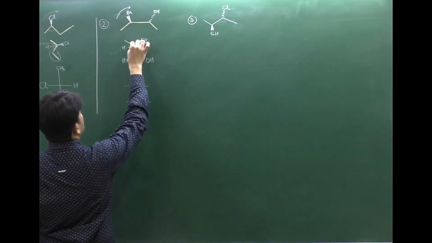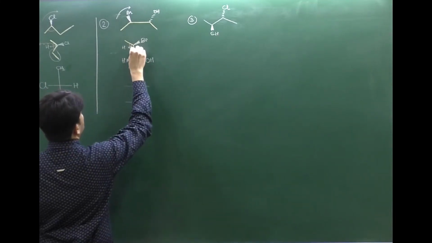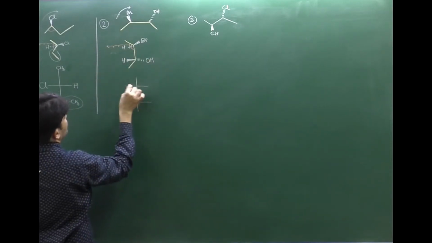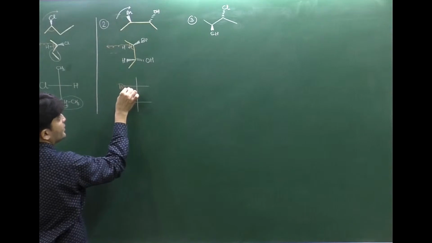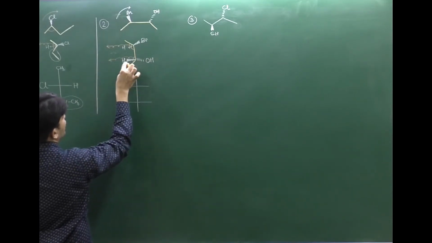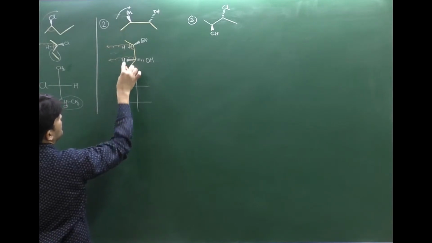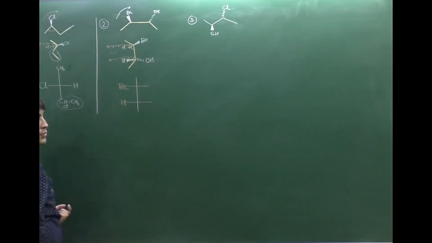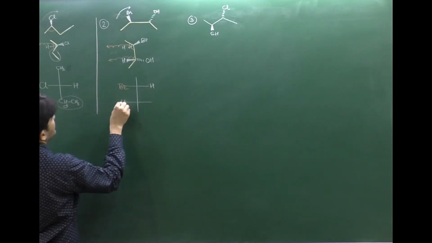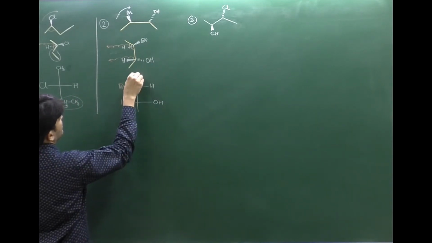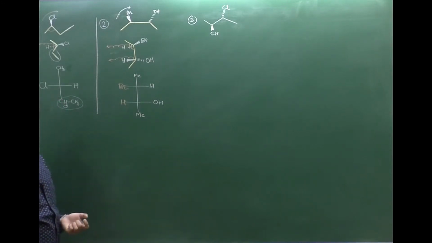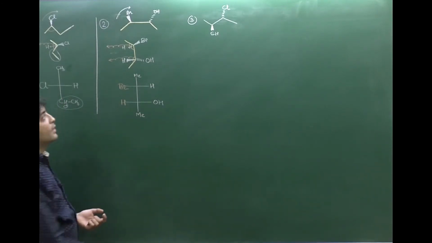On the second carbon, you can see the angle between the straight lines going on the left, solid wedge on the left. Third carbon, again the angle is going on the left, solid wedge on the left. That's H over here. Now opposite of Br we have H, opposite of H we have OH. The above part is methyl, below is methyl. That's the Fischer projection for the second one.